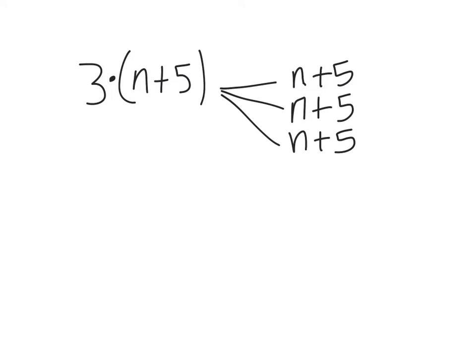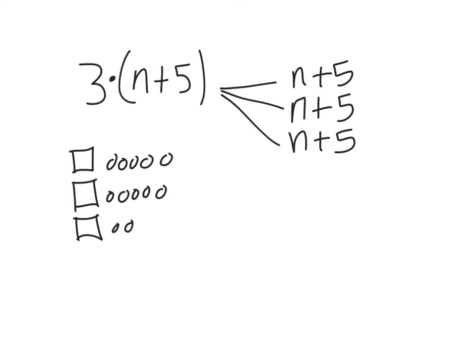Now, in case we've forgotten, let's just draw out what that would be. So we used a box for our n's and then 5 little ones for our 5. So we have an n plus 5, there's another n plus 5, and another one.